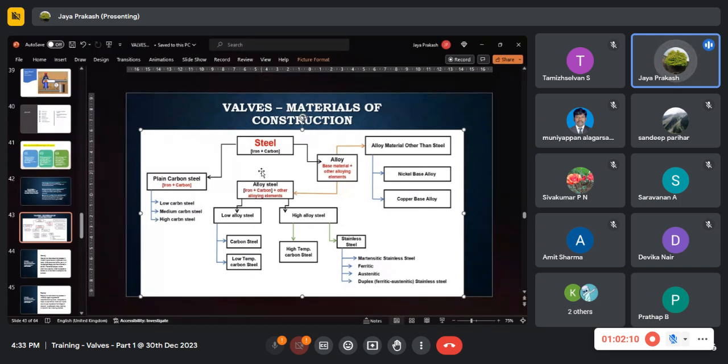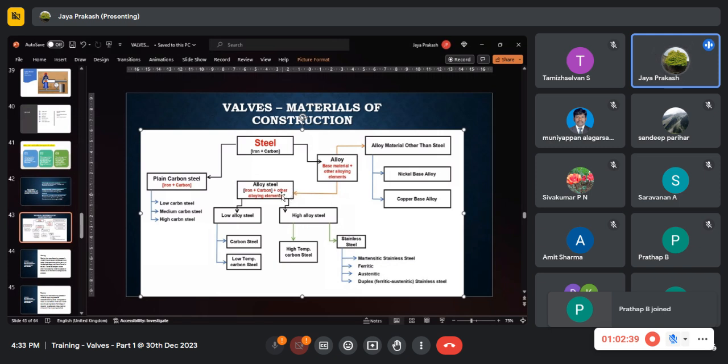Up to 1.5% we call it high carbon steel. More than 2% is cast iron. If some alloy is added, we call it alloy steel. So now we have low carbon steel, medium carbon steel, and high carbon steel.